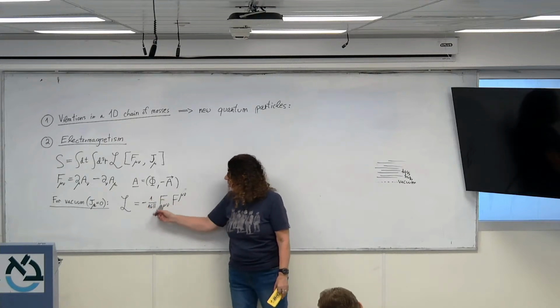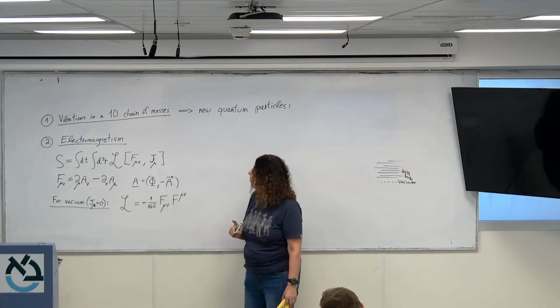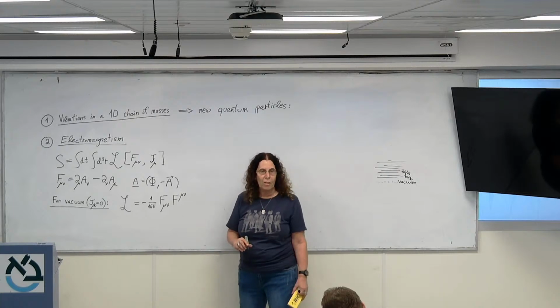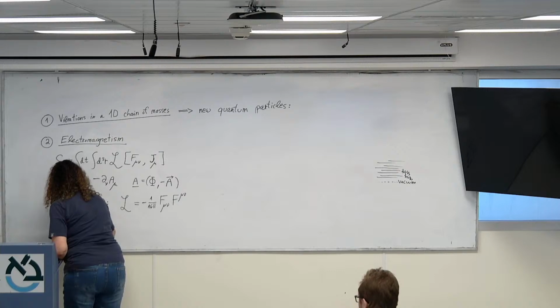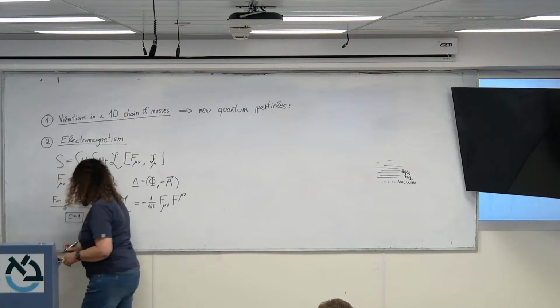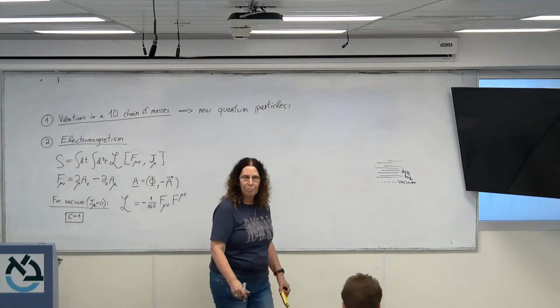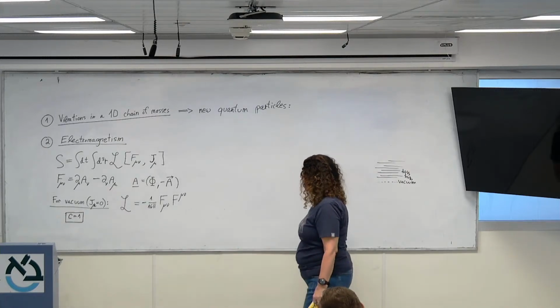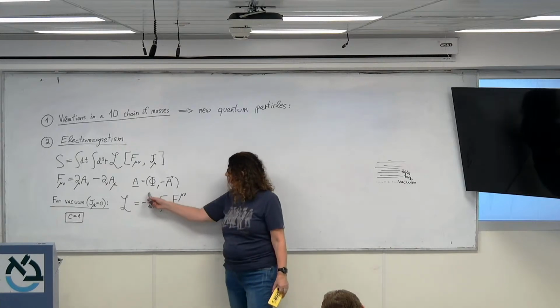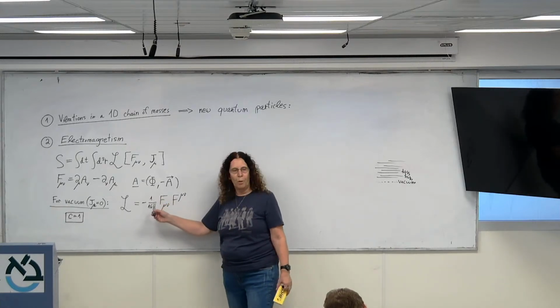The coefficient, in units where, let's be a little careful with the units, the velocity of light is taken to be 1. Okay. So then, therefore, the coefficient here is a pure number.